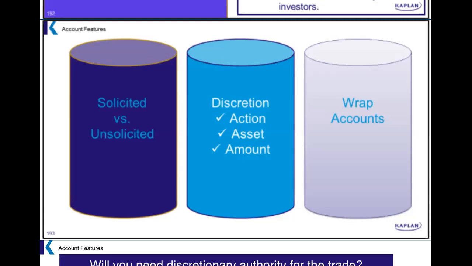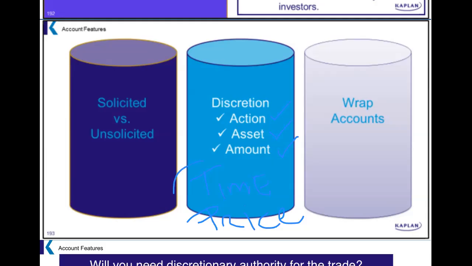A discretionary account has to do with the action, the asset, and the amount. It's important to note that discretionary accounts do not matter when it comes to time and price. You see, in every type of transaction, we've got an action, the buy or sell, the asset, whose stock or what bonds, the amount, how many shares or how many bonds, the time when it occurs, and the price, how much you pay.